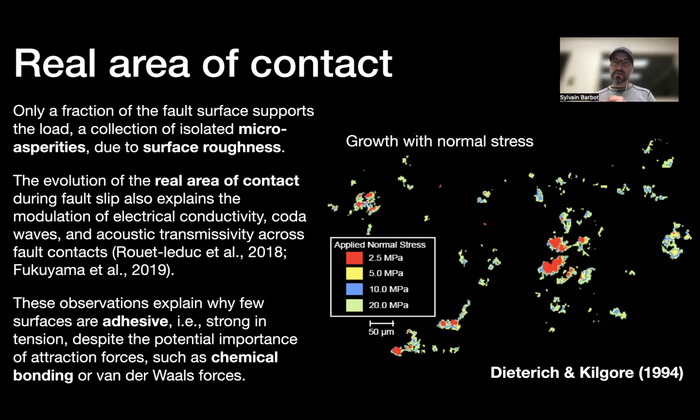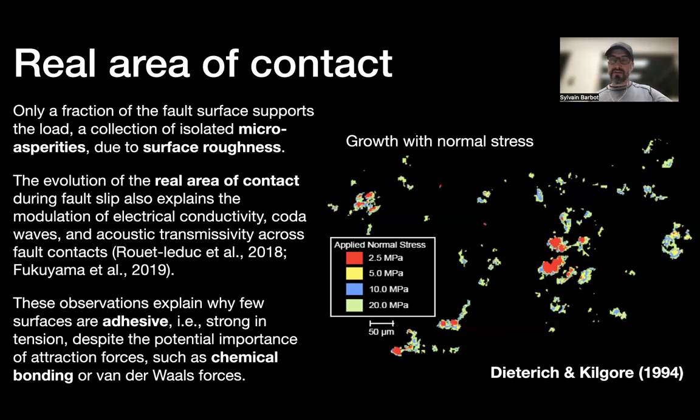It shows that only a very tiny fraction of the area is in true contact with the other side, of the order of a few percent. So these microasperities bear a lot more load, in shear and normal stress, than the average values.